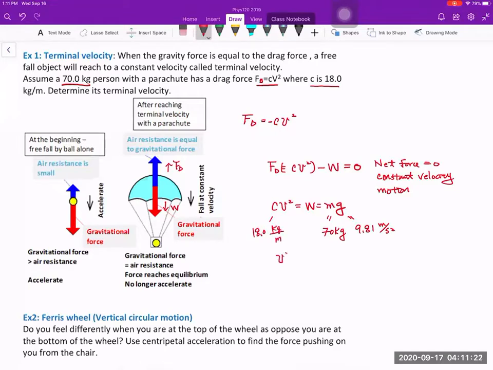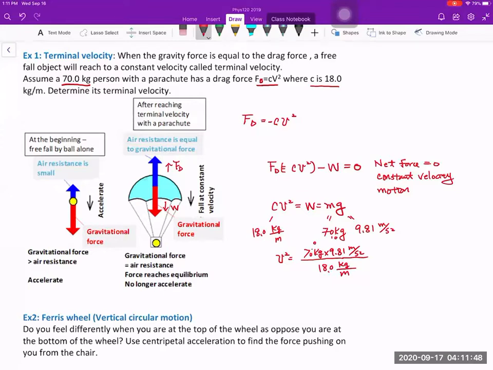So the V squared is equal to 70 kilogram times 9.81 meter per second square divided by 18.0 kg per meter. Be careful when you do the calculation, always think about the sig figs.